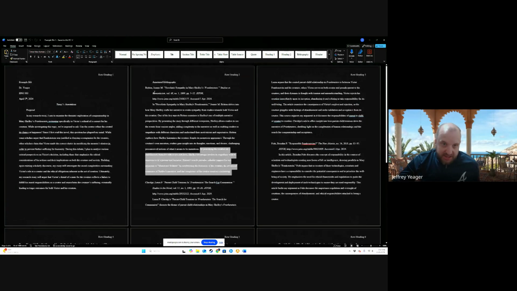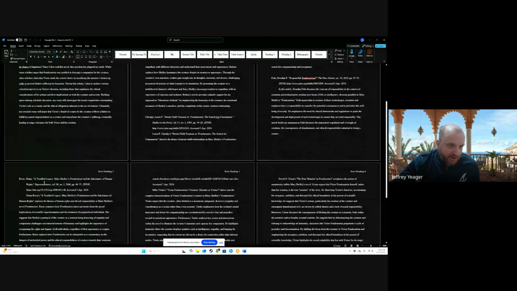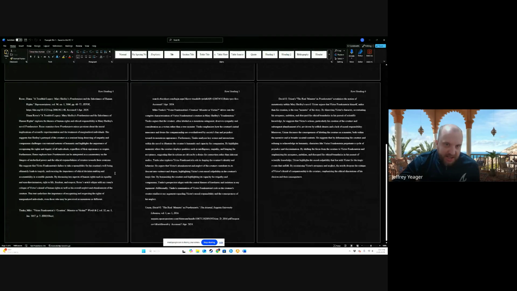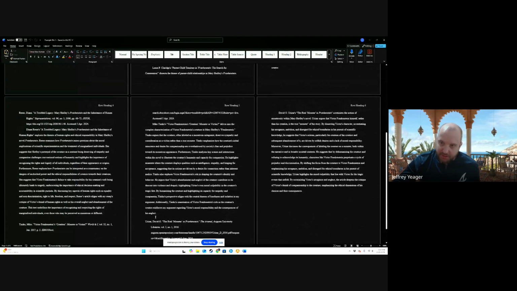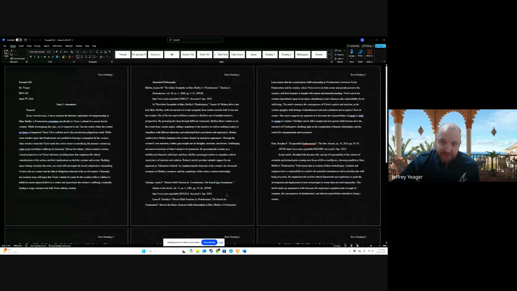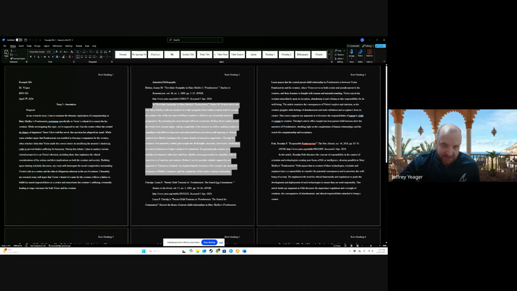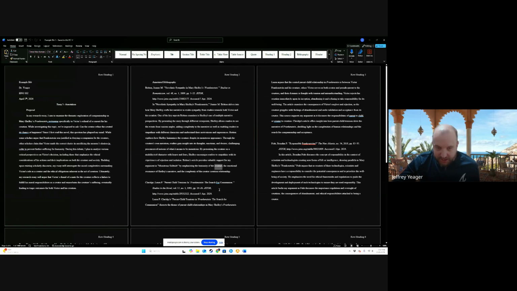So you do this in alphabetical order, so A to Z. So notice here we have B, C, F, R, D, U. You do that for all 6 of your sources. So this is about the proper length of a good annotation, about 7 to 8 sentences for each one.